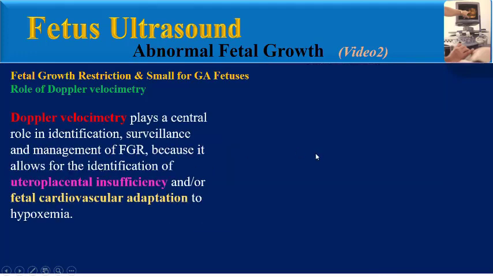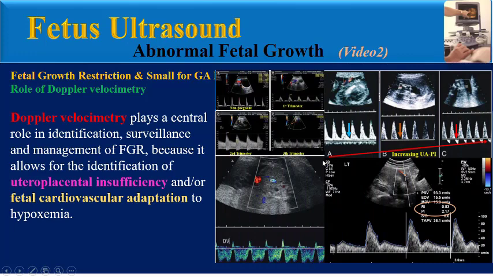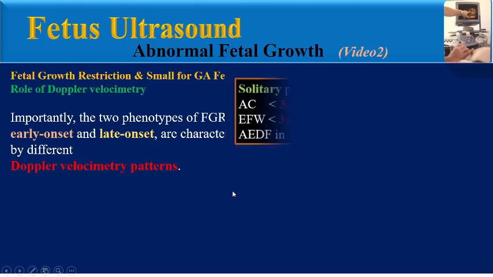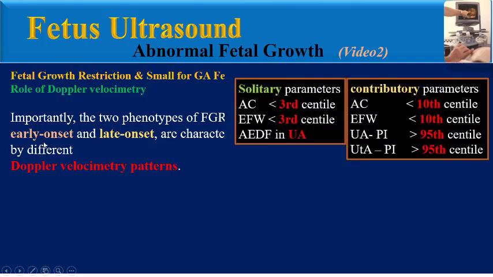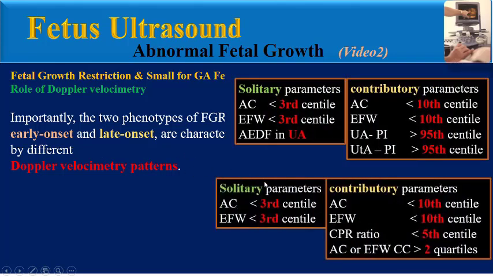Doppler velocimetry plays a central role in identification, surveillance, and management of FGR because it allows for the identification of uteroplacental insufficiency and/or fetal cardiovascular adaptation to hypoxemia. Importantly, the two phenotypes of FGR, early onset and late onset, are characterized by different Doppler velocimetry patterns.